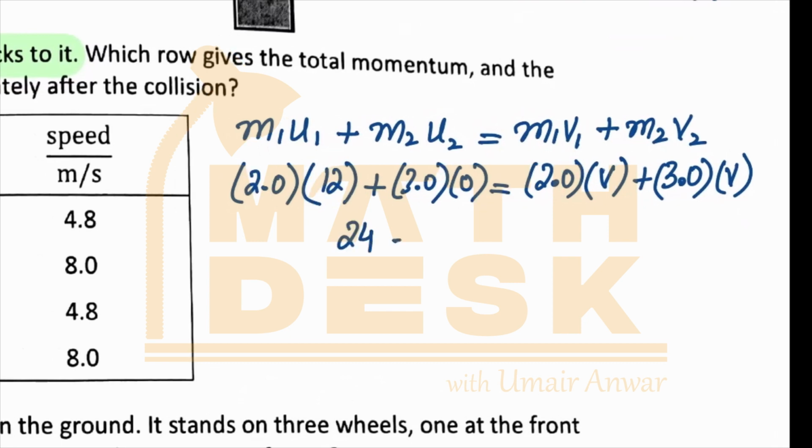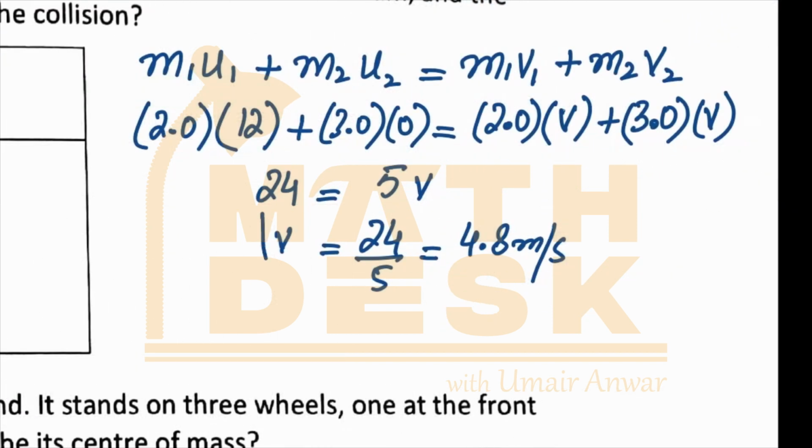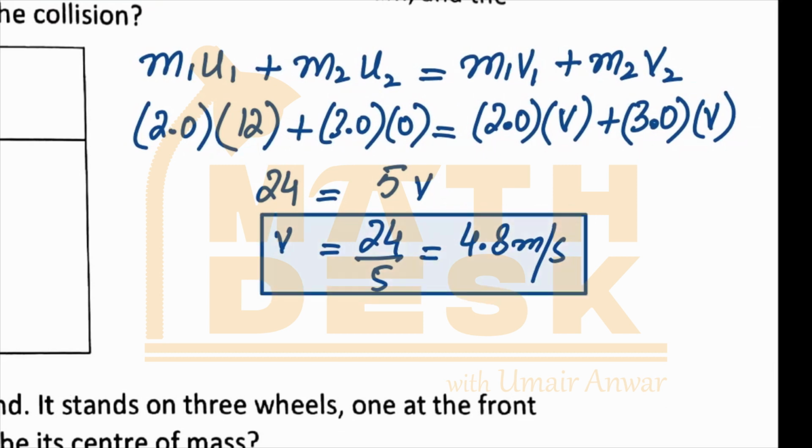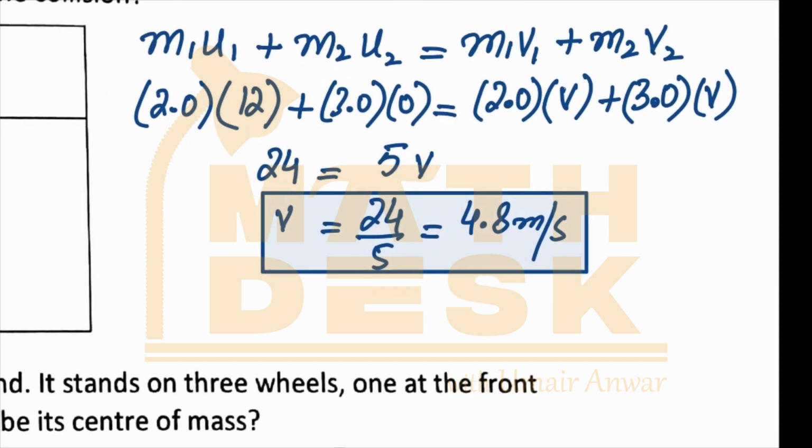So we have 24 equal to 5v, and hence 24 divided by 5 would give us 4.8 meters per second. So this is the value of the final speed, and if we want to find out the total momentum after collision, then that would be 2.0 into 4.8 plus 3.0 times 4.8.